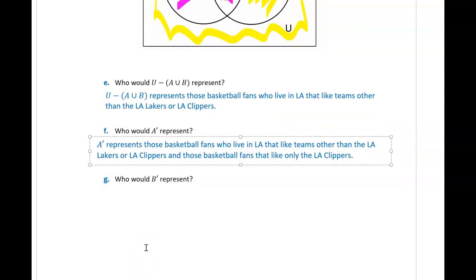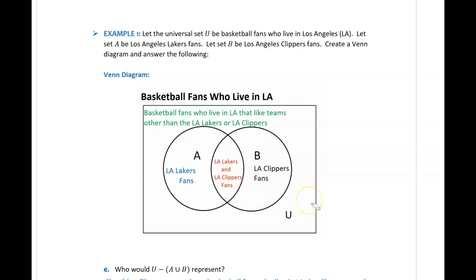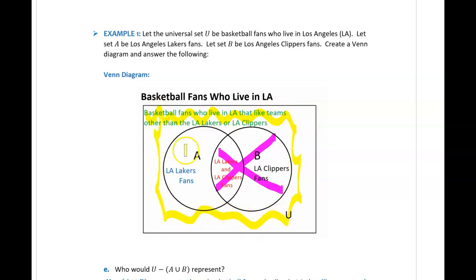Lastly, we want to know who would B complement represent. So B complement is everyone who's in our universe that is not in set B. So it's all the people in the highlighted yellow.